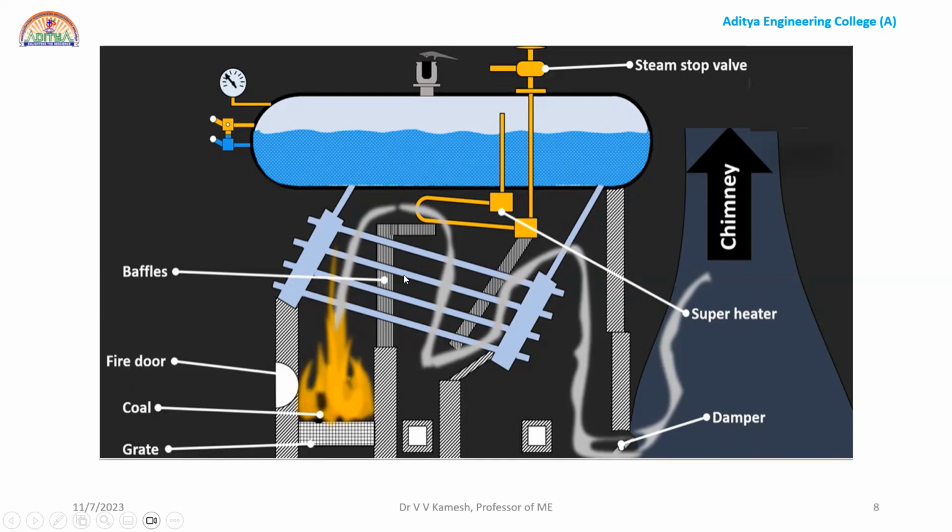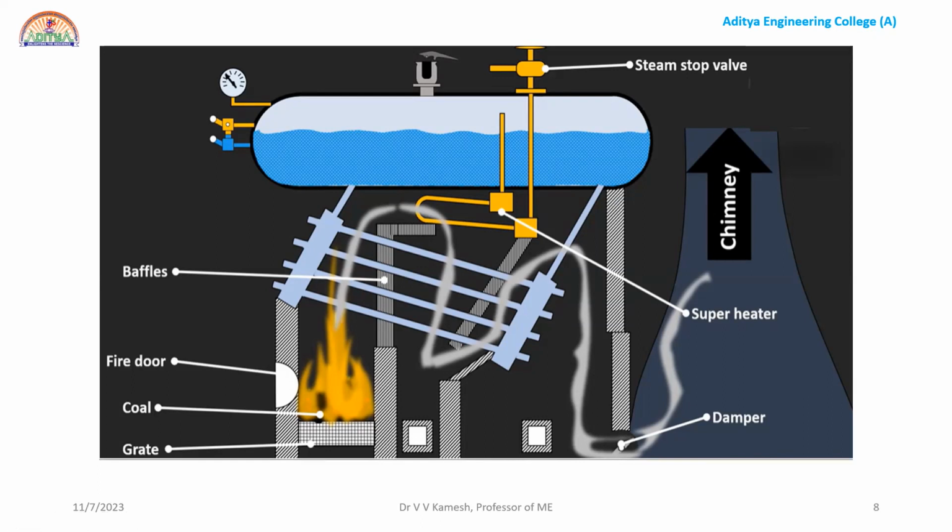Now the water tubes are to be surrounded by flue gases, right? Where do we get the flue gases after burning the fuel? Look at the downstream: there is a fire door, there is coal, and there is a grate. On the grate we place the fuel and burn it, and automatically hot gases are generated, right? Now we have a small problem here.